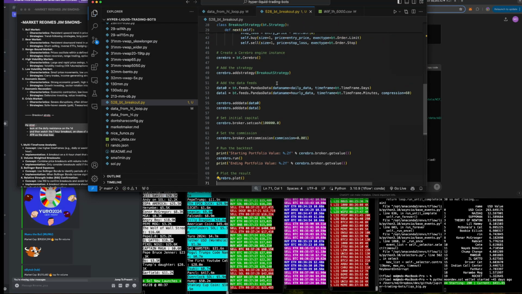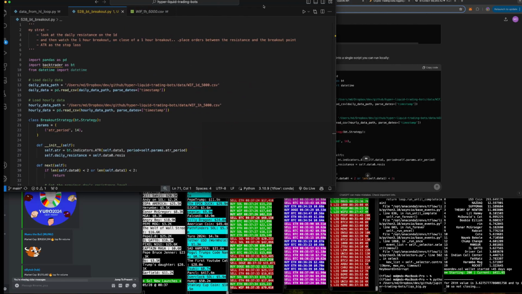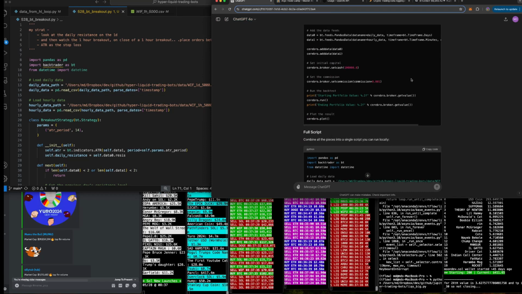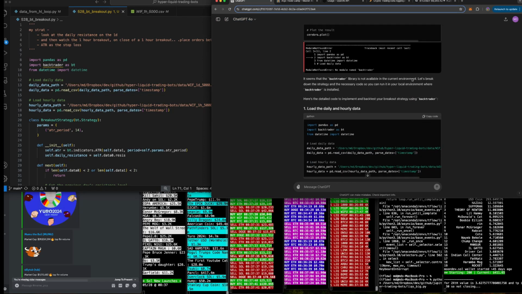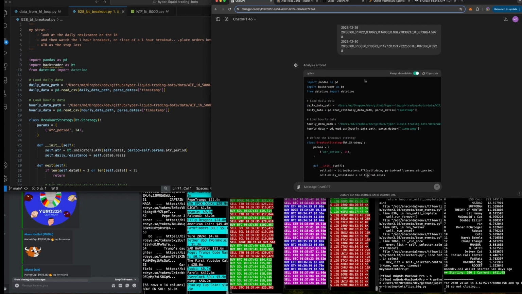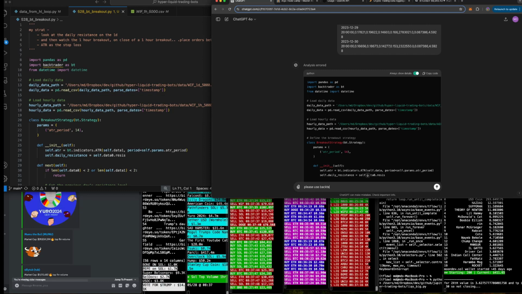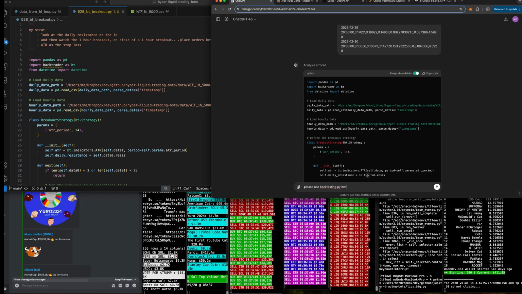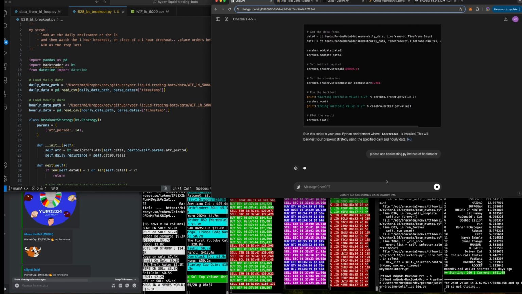That's crazy, dude. All right, this isn't gonna work right off the bat, but that's okay. Backtrader. I don't want to use backtrader, dog. Please use backtesting instead of backtrader. I'm a genius, but GPT-4 ain't a genius, so it is what it is.